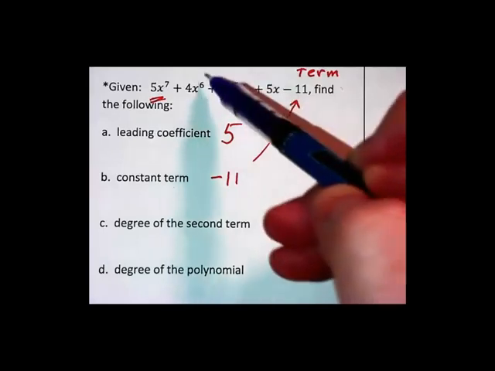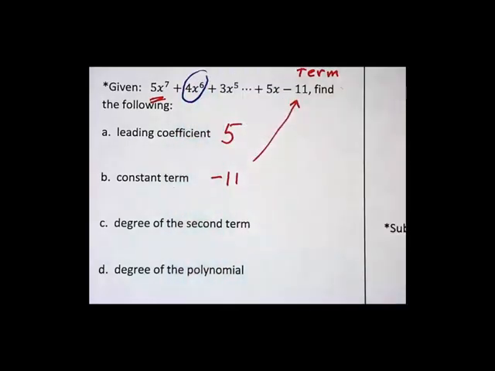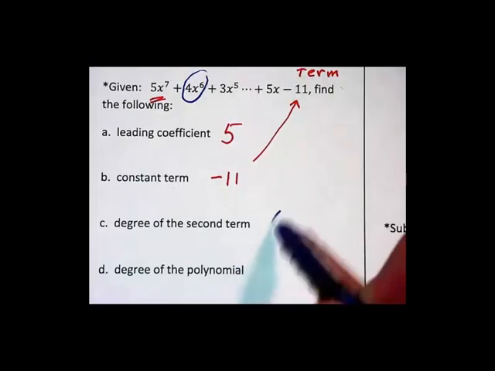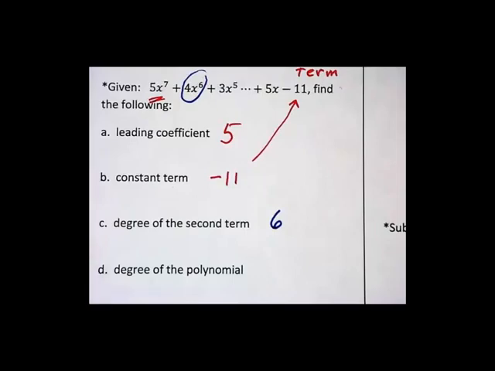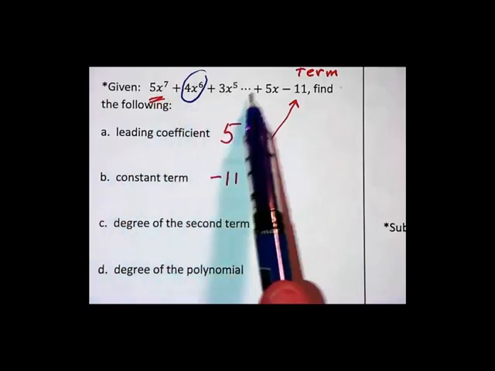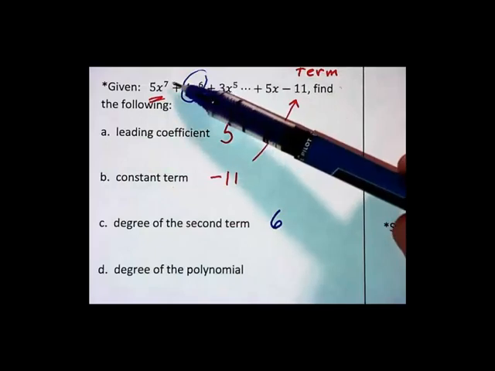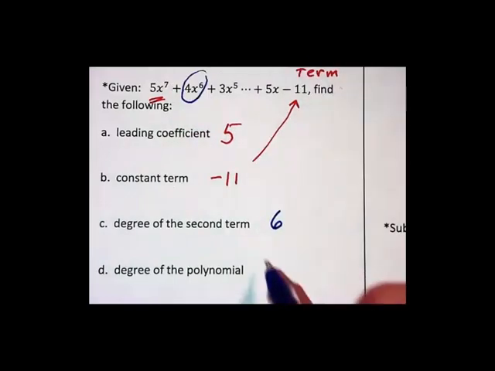Well, we look at that second term, 4x to the sixth, and the degree will be the exponent in that term, which means the second term is of degree 6. As far as the degree of the polynomial is concerned, we look at each of the terms and we find the highest degreed term. Since the first exponent is the largest, the first term will control the degree of the polynomial, and the degree of the polynomial will be 7.